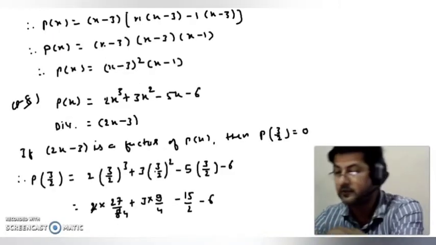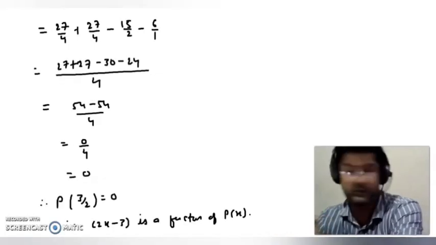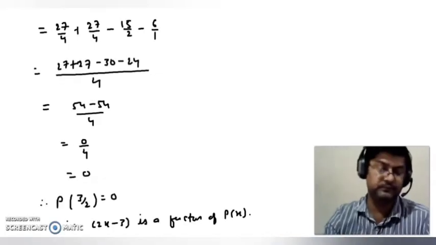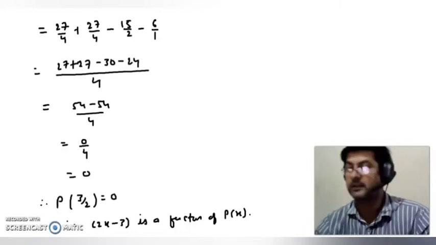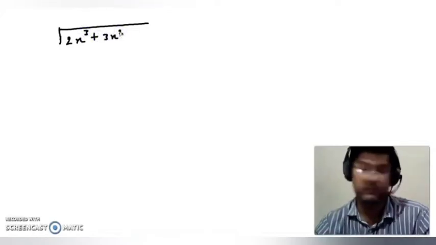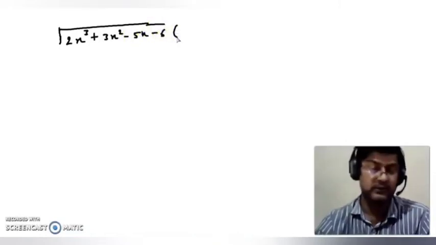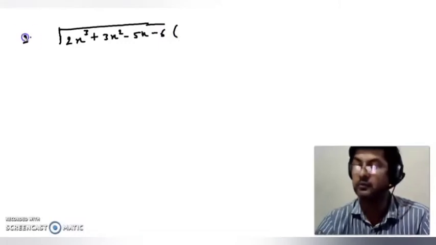That is question number 8 we have. So polynomial is 2x cube plus 3x square minus 5x minus 6, okay, is to be divided by 2x minus 3.